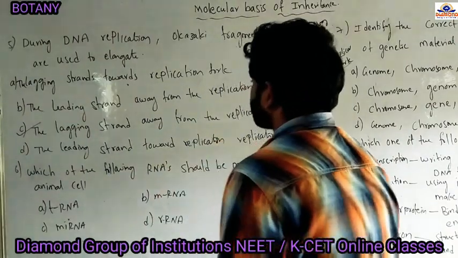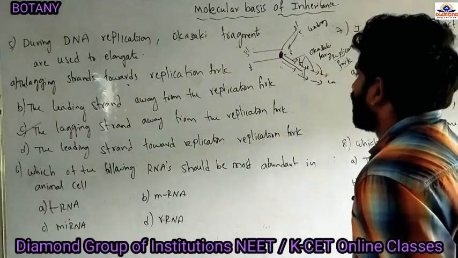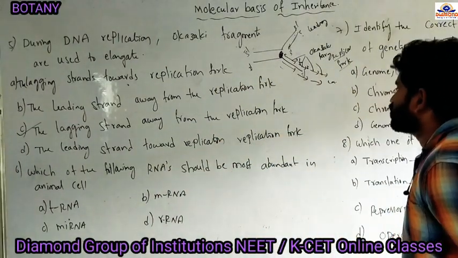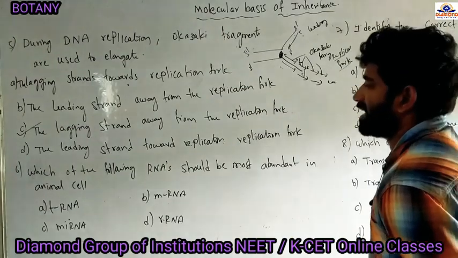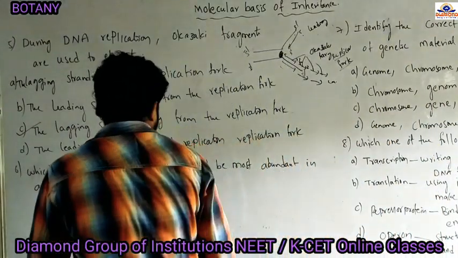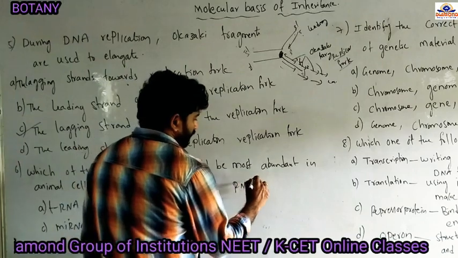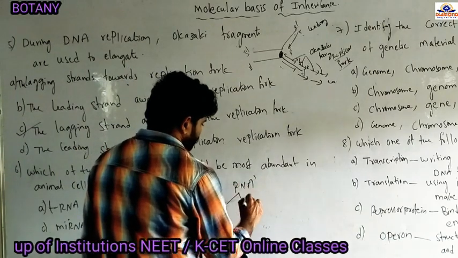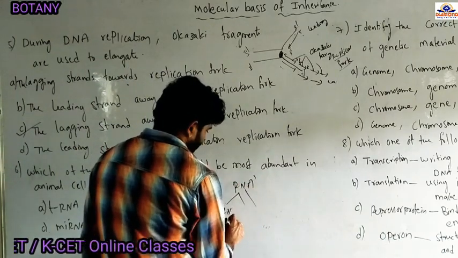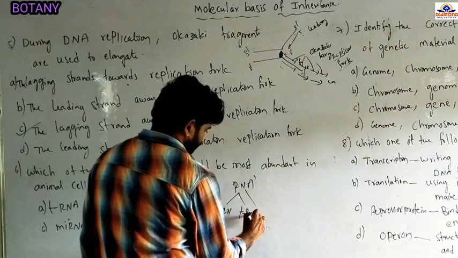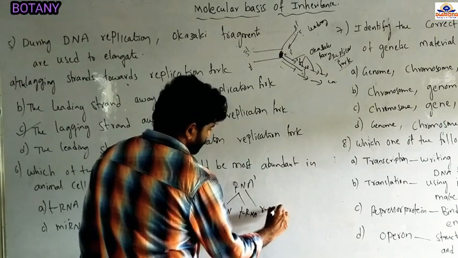The next question: which of the following RNAs should be most abundant in animal cells? RNAs are of three types: mRNA, tRNA and rRNA.